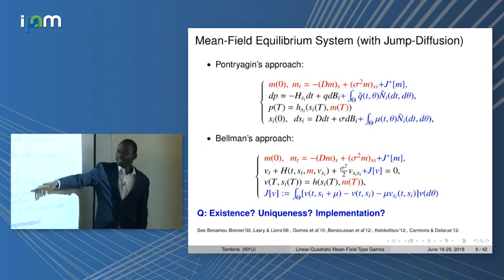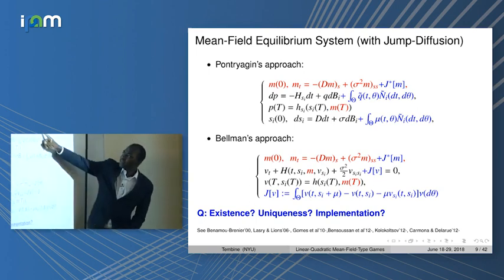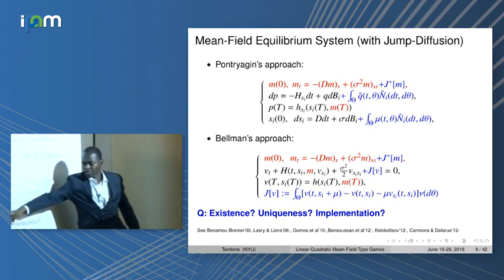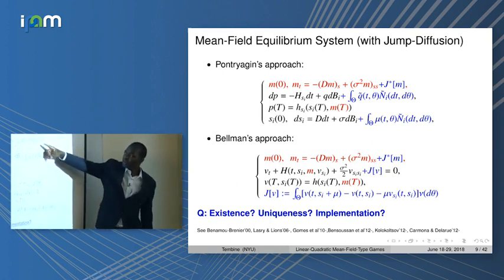Okay? The other part of the formula is identical, but there is a term here, J. This is for jump. This operator, J star, is the adjoint of J, and J is given here, the jump operator.